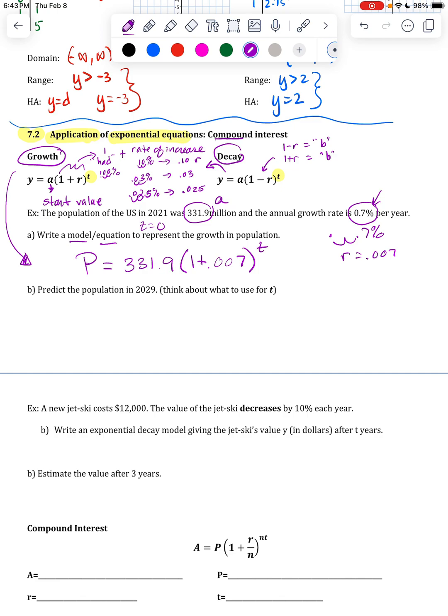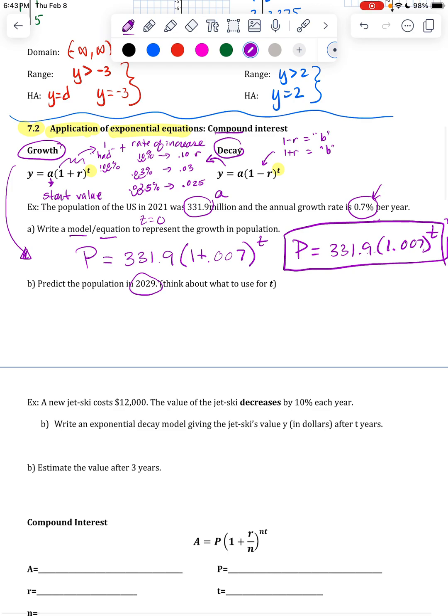If you put that all together and made it one b value, the population is 331.9 growing at 1.007 for t years. I don't know if anybody really cares if you do that ahead of time, putting the 2 numbers together or not. Now you're going to predict the population in 2029.